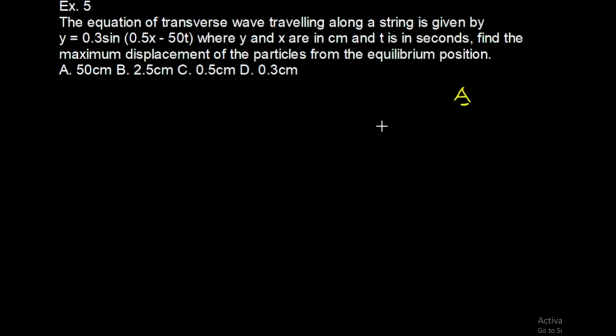Now, how do we go about this? Whenever you're confronted with a question on plane progressive wave, all you need to do is bring out the equation of the plane progressive wave you have in the question. And what's the equation we have in the question? We have y equals 0.3 sine (0.5x minus 50t). After bringing out the equation you have in the question, the next thing you're going to do is bring out the general equation for every plane progressive wave, the equation I asked you to memorize.